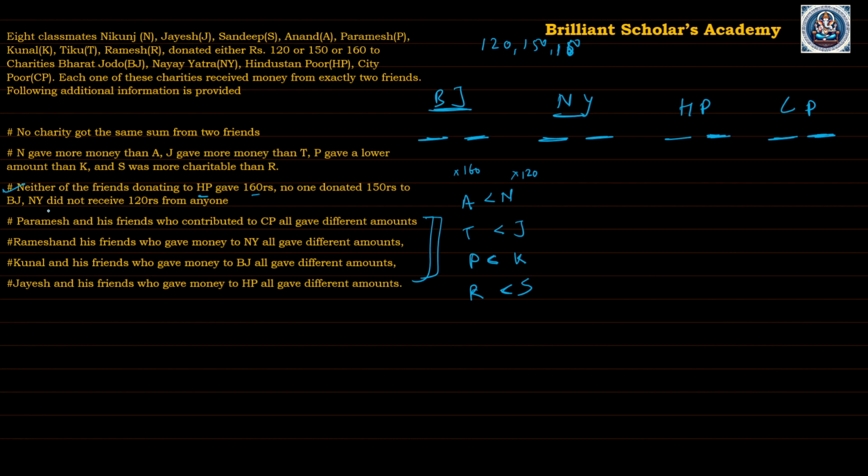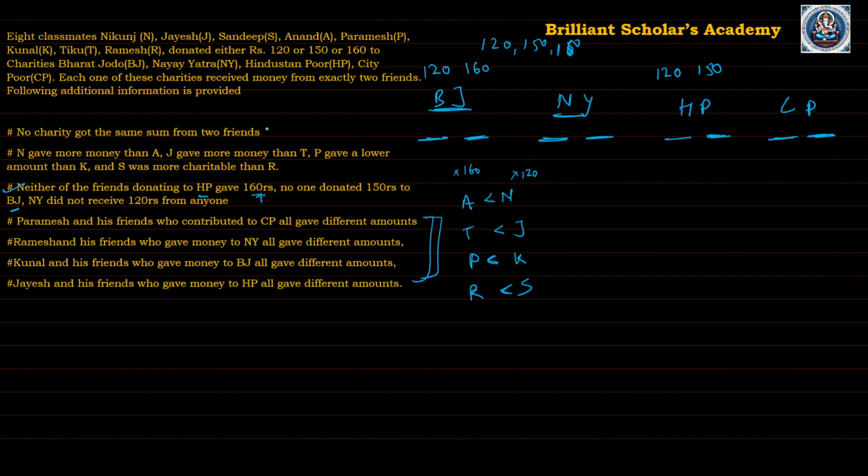So here it says, neither of the friends donated to HP rupees 160. So HP must be getting 120, 150. HP cannot get 160. Nobody donated 150 to Bharat Jodo. Bharat Jodo cannot have 150, so they must have 120, 160. Every charity receives a different amount from two friends.